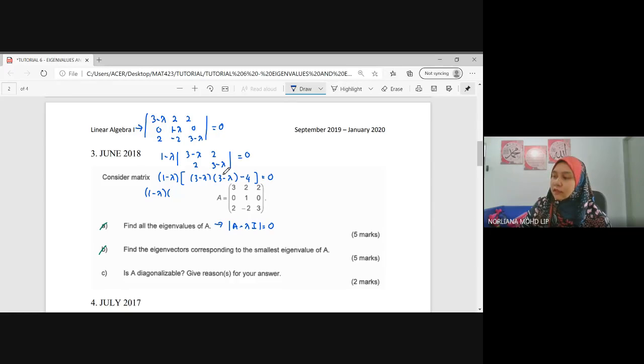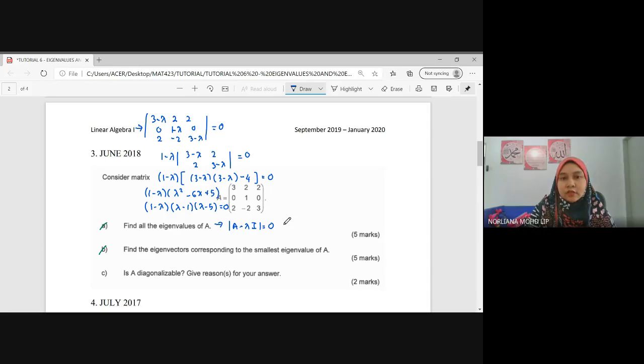So you have lambda square minus 6 lambda plus 5. Expand it. And then factorize 1 minus lambda. Okay, factorize this. We get lambda minus 1 and lambda minus 5, equal to 0.